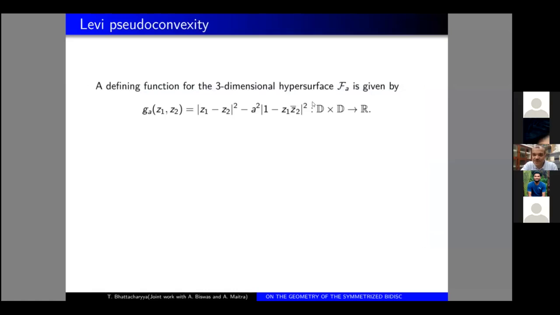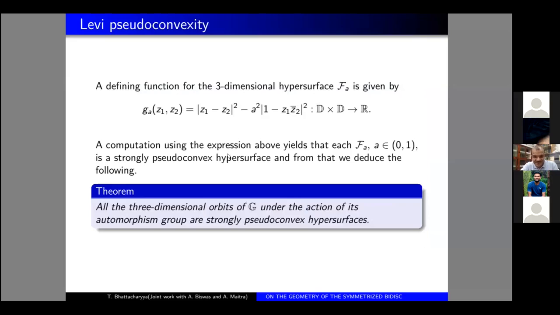And we get hold of, well, again, the bidisc comes of help. We get hold of a function which plays the role of the rho in the last slide, and we compute this. Of course, as I said, the computation runs into some amount of difficulty, but one is able to manage it. And we are able to show that they're all strongly pseudoconvex in the sense of Levi.